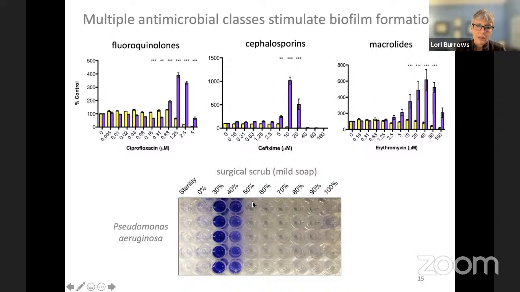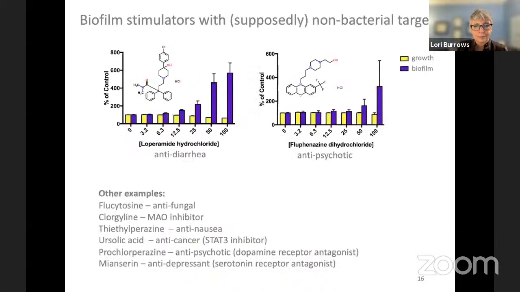But if you dilute this soap down, by the time you dilute it to 40% of its full strength, you can see that Pseudomonas can make biofilm in the presence of this soap, and it's quite offended by the soap because it's making a lot of biofilm. So, you know, anything that harms the bacteria will cause this response to happen.